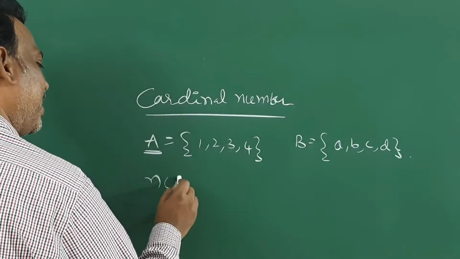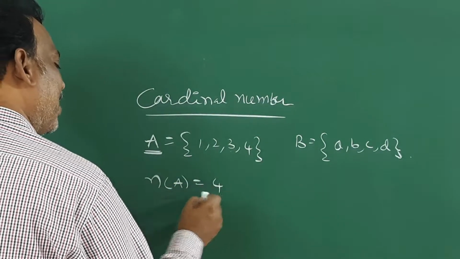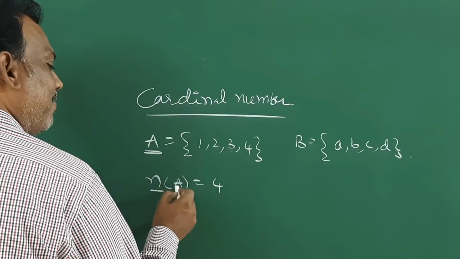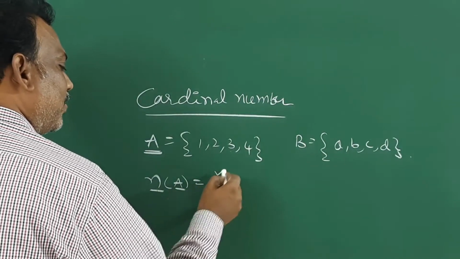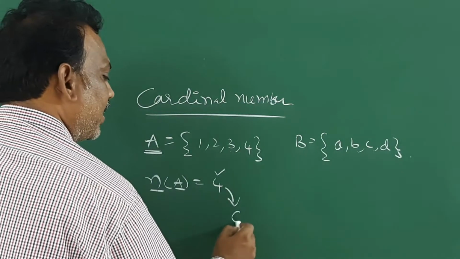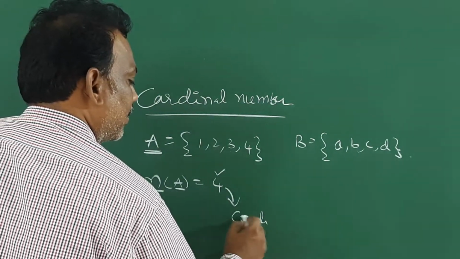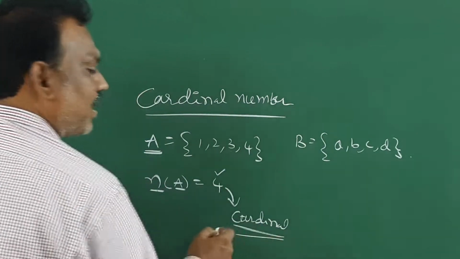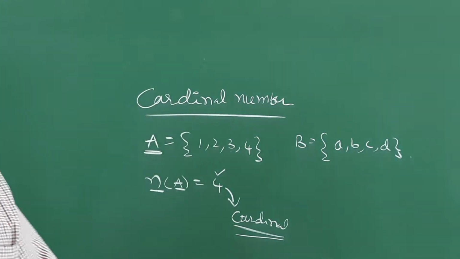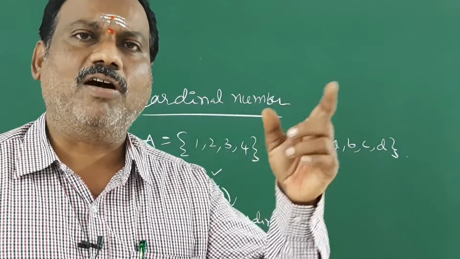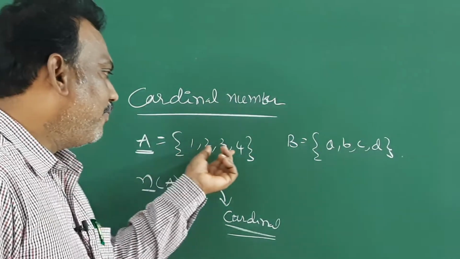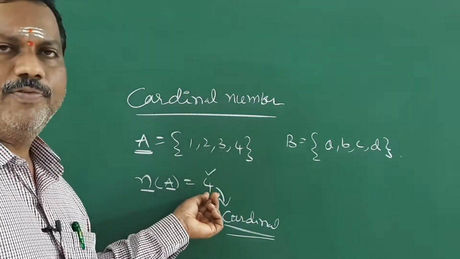So n of A is equal to 4. What does it mean? The number of elements in that particular set is 4. This is called the cardinal number. The number of elements in a particular set is called the cardinal number. Here we have 4 elements, so n of A is equal to 4.